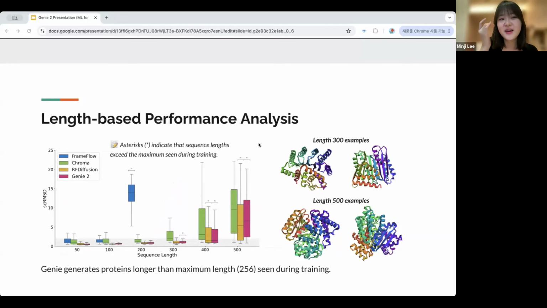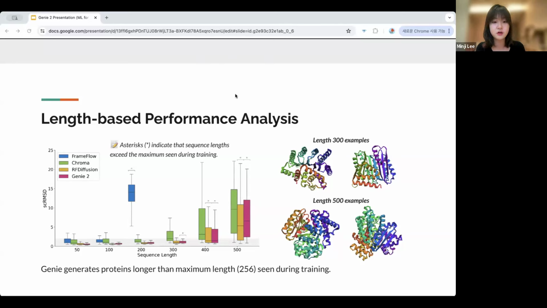Okay. Next, in the unconditional generation evaluation is length-based performance analysis, where we generated 100 samples for proteins of 50, 100, 200, 300, 400, and 500 residues.